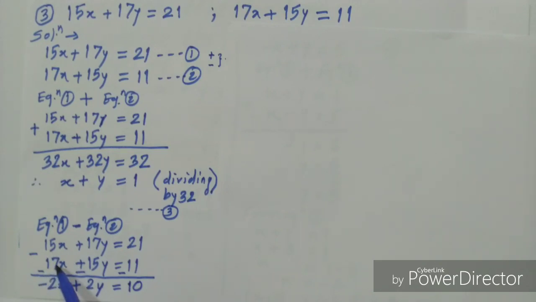15x minus 17x, we get minus 2x. Plus and minus signs indicate subtraction. 17y minus 15y, we get 2y, the larger number's sign, is equal to 21 minus 11, we get 10.